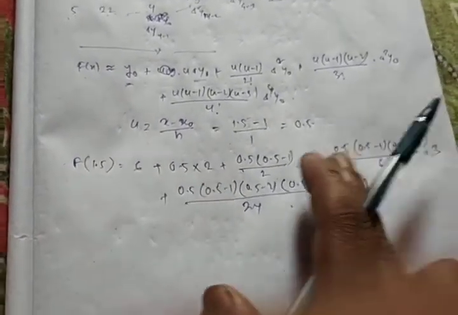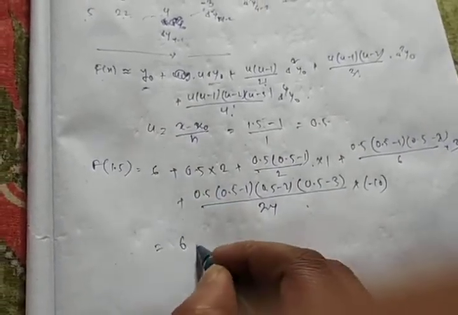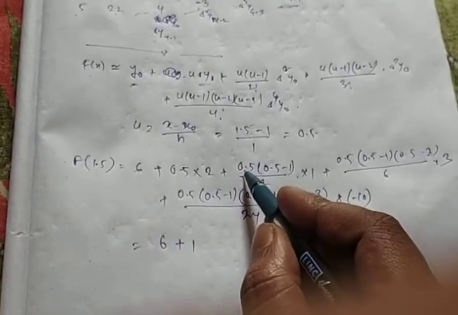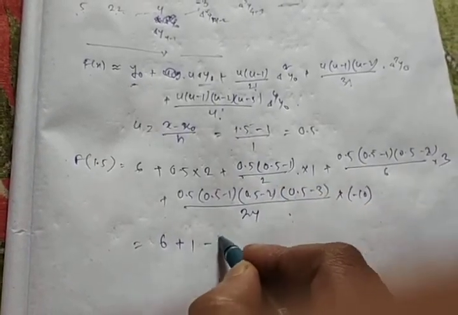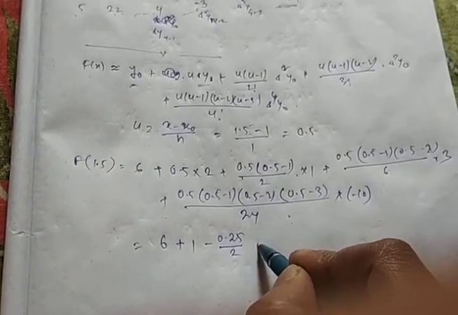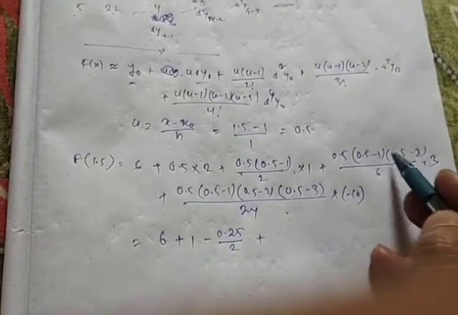By calculating with this, we will get: first is 6, plus second is 1, third we will get minus 0.25 by 2, plus the last, this will be multiplied, minus times minus gives plus.